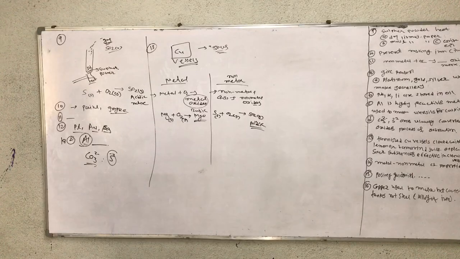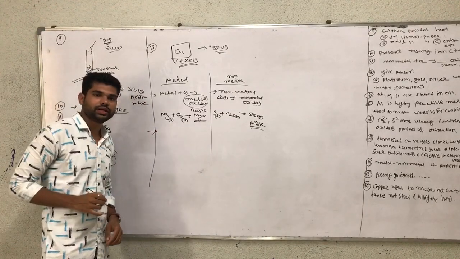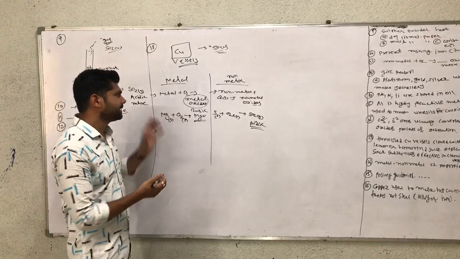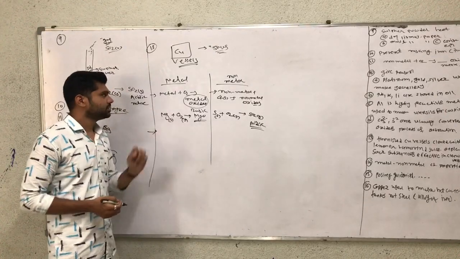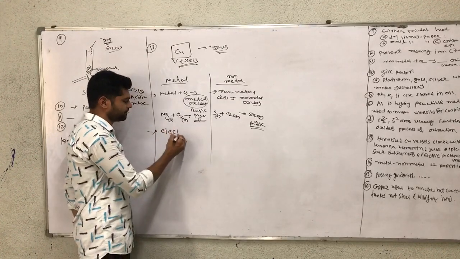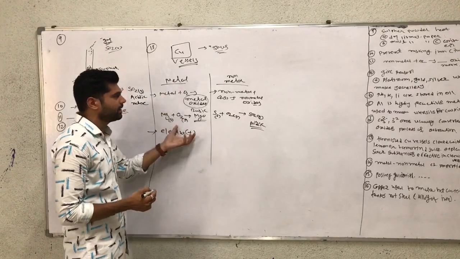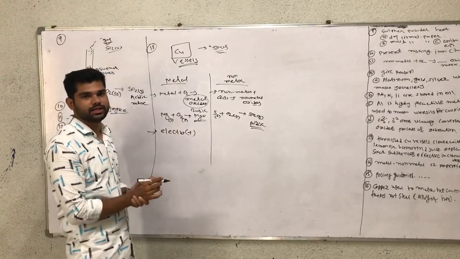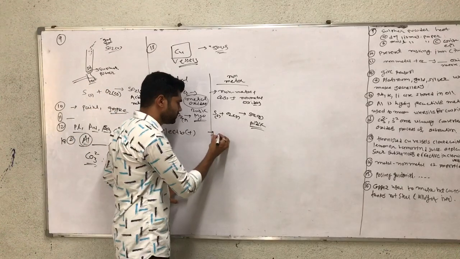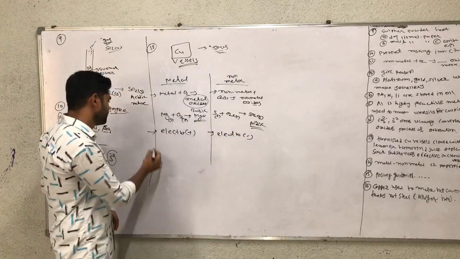Second property of metal and non-metal. Metal donates electrons, so metal has an electropositive property. In a similar way, non-metal accepts electrons, so it has an electronegative property.